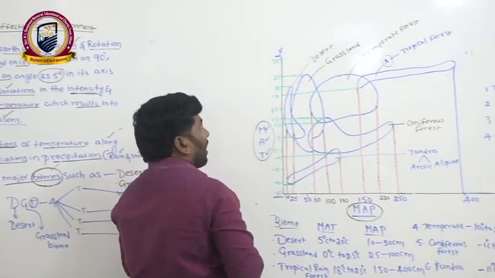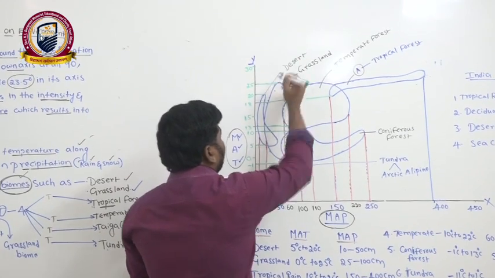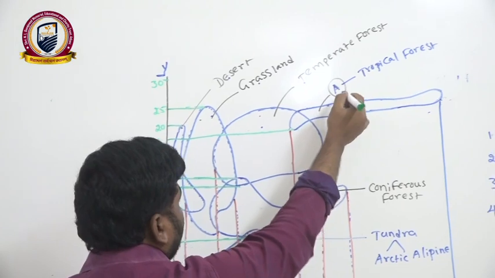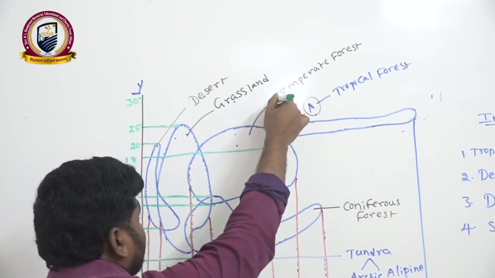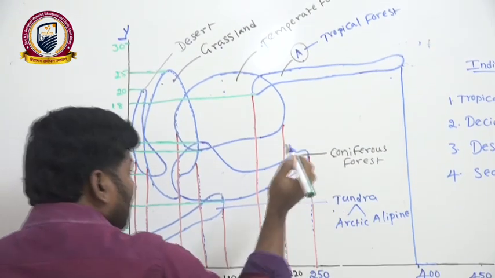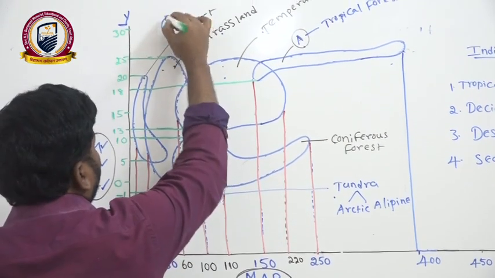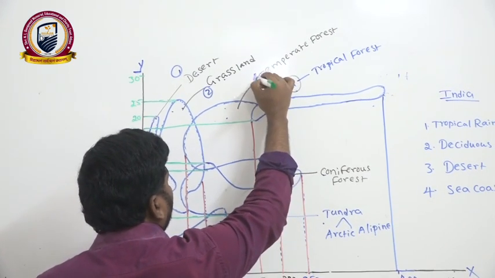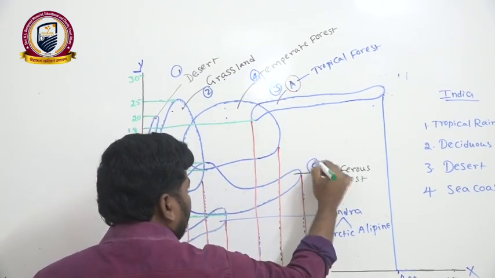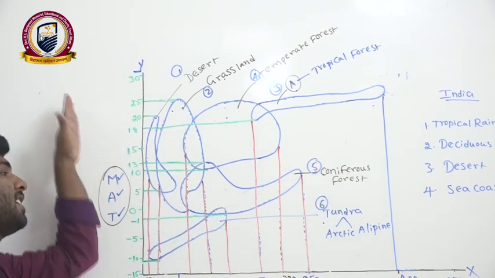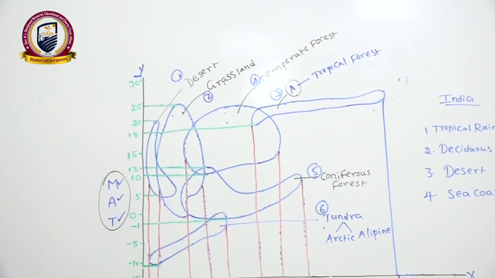Okay, this is the graph. First one is the desert biome, second one is the grassland biome, third one is the tropical biome, fourth one is the temperate biome, fifth one is the coniferous biome, sixth one is the tundra biome. These 6 types of major biomes are given in our textbook.